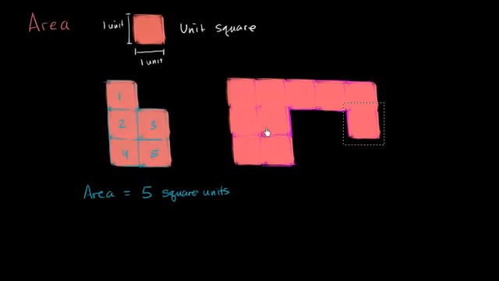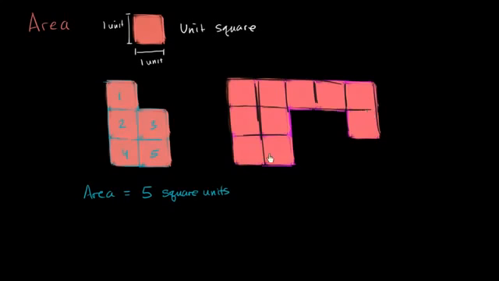I can cover it. They're not overlapping, or I'm trying pretty close to not make them overlap. You see, you can fit 10 of them. And let me draw the boundary between them so you can see it a little bit clearer. So that's the boundary between my unit squares. So I think there you go.